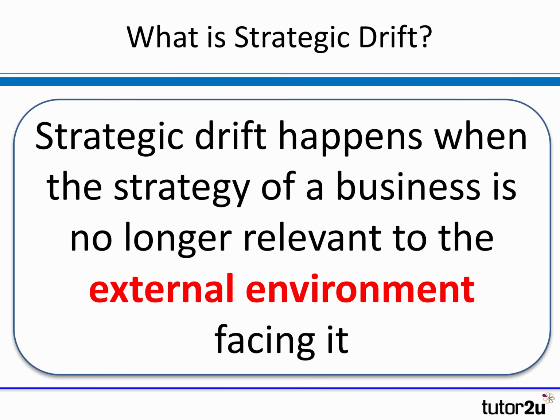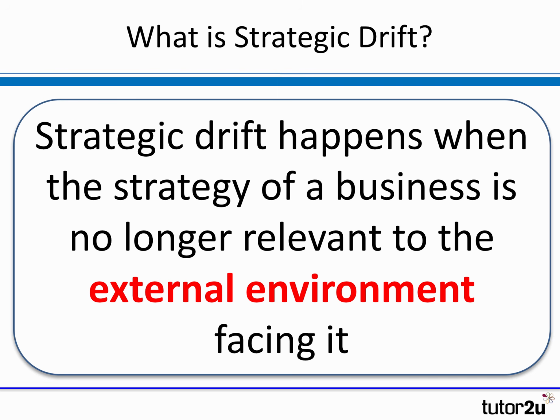In terms of a definition, strategic drift happens when the strategy of a business is no longer relevant or suitable to the challenges of the external environment facing it, the opportunities and the threats. In other words, something happens to the business, which means that it drifts off course, often over a fairly long period of time, not necessarily overnight.